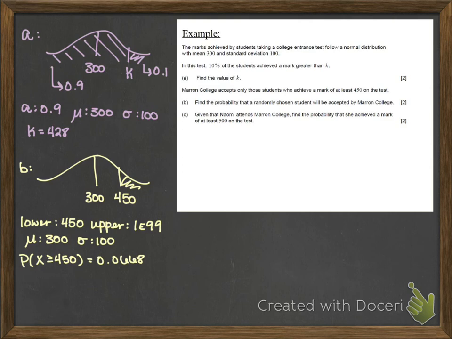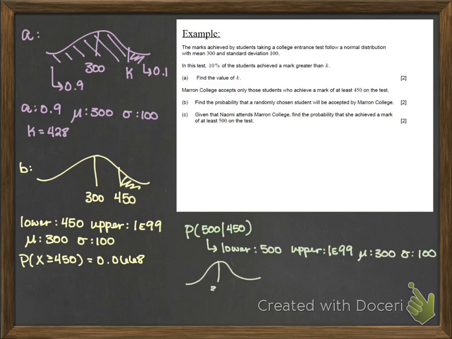And we get the probability that our score is at least 450 to be 0.0668. And then last, part C is a given condition. We are given that Naomi attends Marian College, which means she did score at least a 450 on the test. Find the probability she scored at least a 500. So that will be 500 given that it's at least a 450. For the numerator, our lower is 500, our upper is 1E99, mean 300, standard deviation 100.